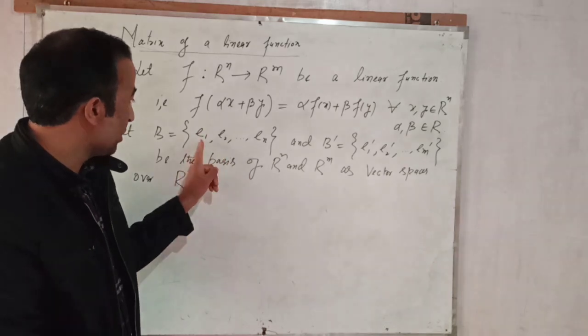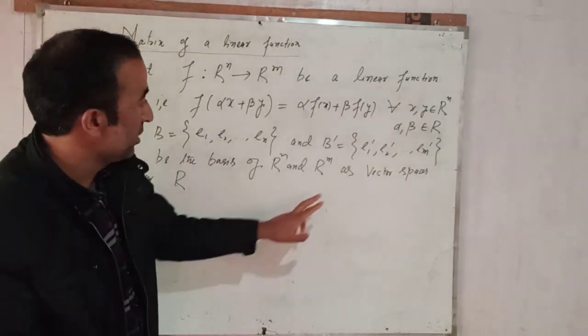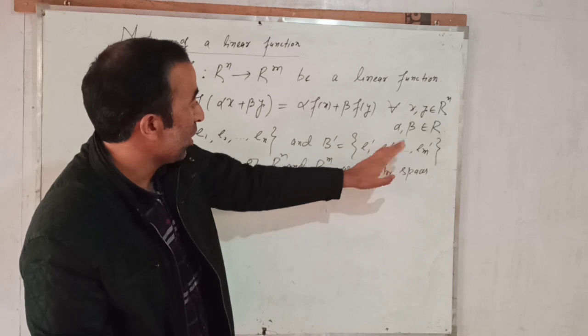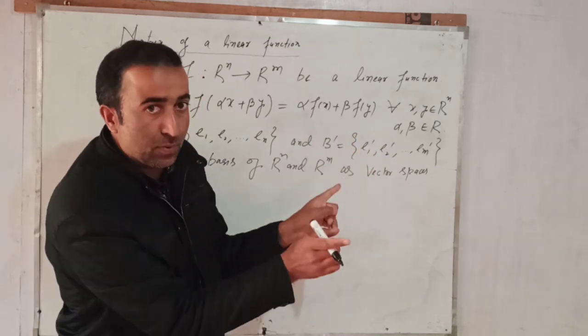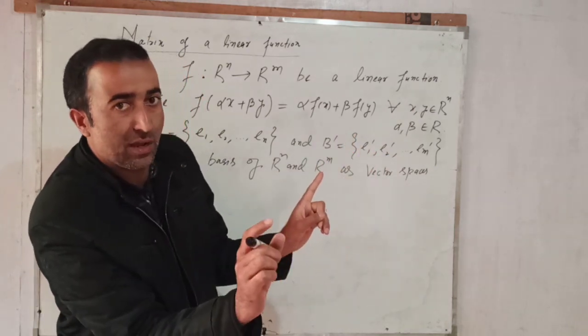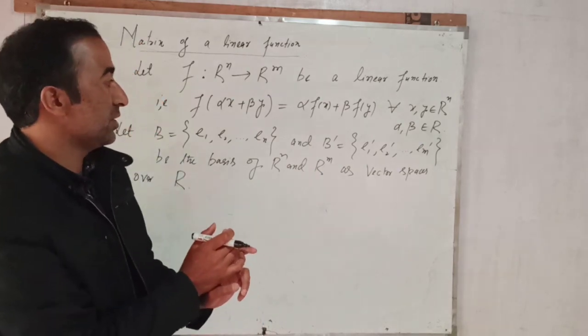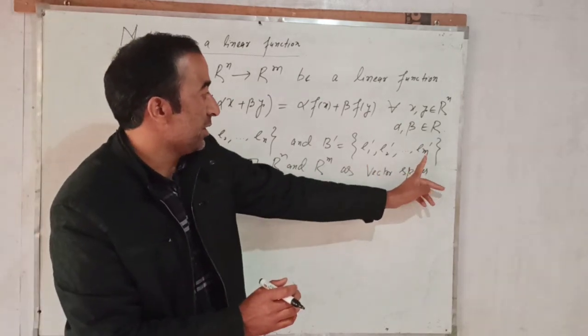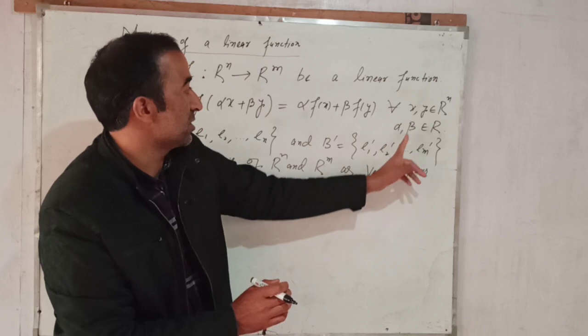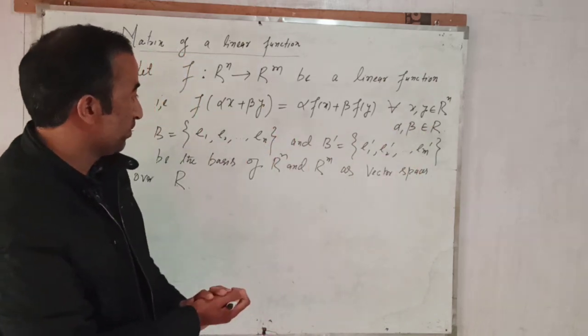Each of these is an n vector because these are elements of Rn. Similarly, each of the e dashes is an m vector. This is an m tuple, first component 1, all other m minus 1 components are 0, and so on. And there are m elements in this basis because this is an m dimensional space.